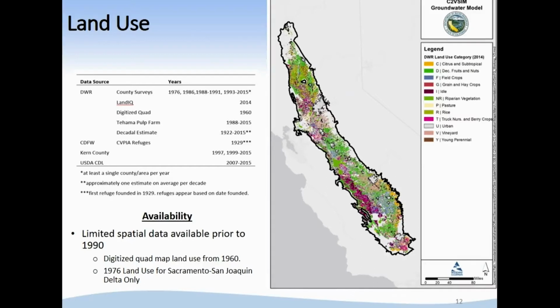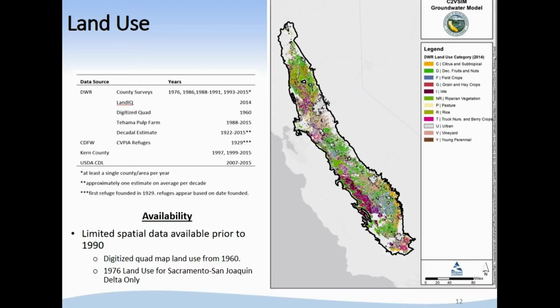We used the digitized quads from the 1960s. There was some information from Thermopal farms from 1988 to 2015. And then there were decadal estimates from 1922 to 2015 to give us some spatial coverage. Besides that, we used the California Department of Fish and Wildlife's refuge coverage from 1927.